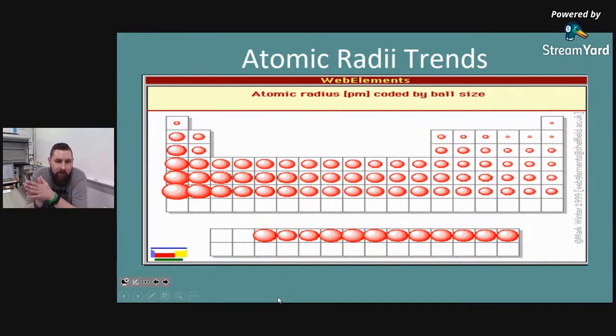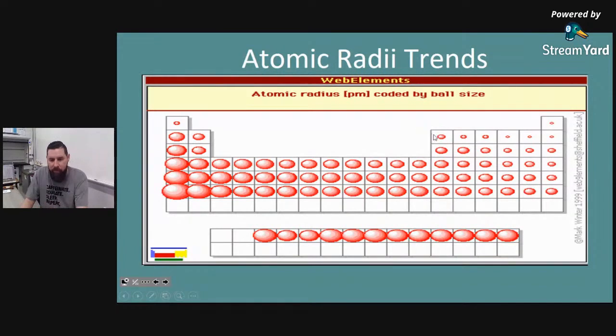Now, I do want to mention real quick, this is a general trend. Okay? It's not a consistent decrease as you go across. There are fluctuations in it. Typically, we see those fluctuations partway through the non-metals. Okay, when you get to around carbon or your half-filled sublevels, we see some changes that are going on in that radius.